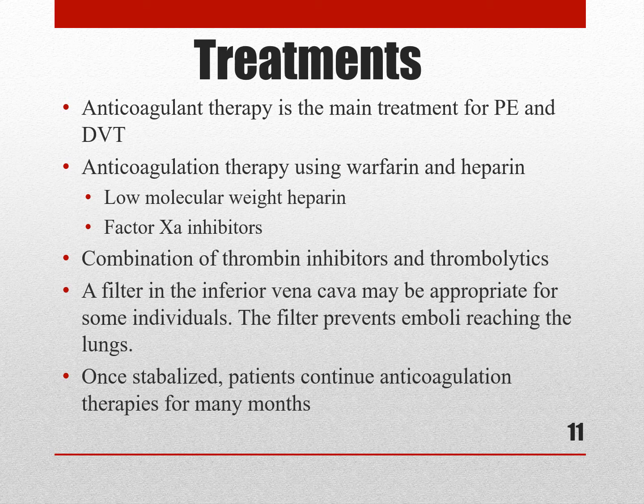However, if a patient, for whatever reason, cannot take those anticoagulants, a filter will be placed in the inferior vena cava, and this is so it prevents the emboli from reaching and traveling to the lungs, essentially preventing a pulmonary embolism. As well, these therapies would need to be continued over time, even once the patient has stabilized.